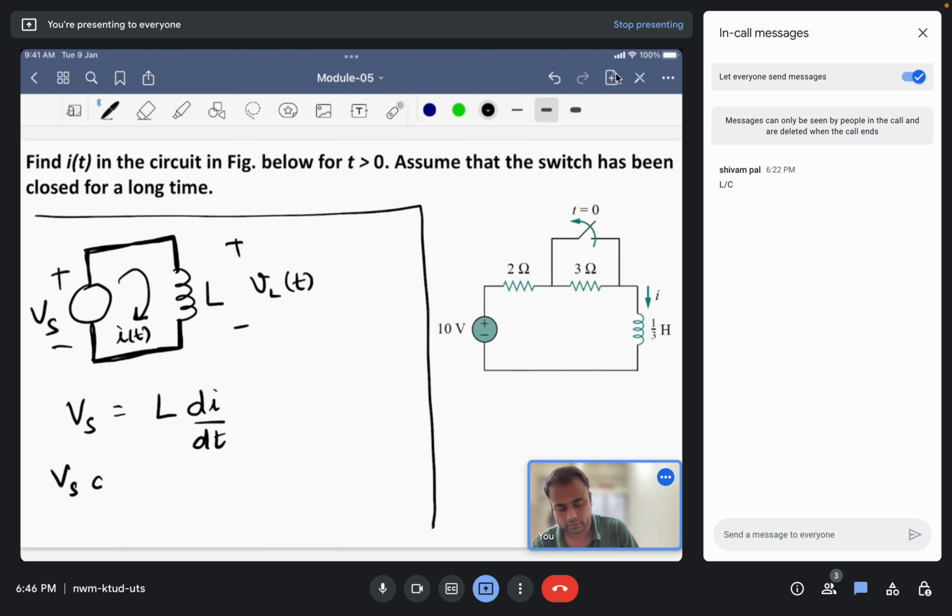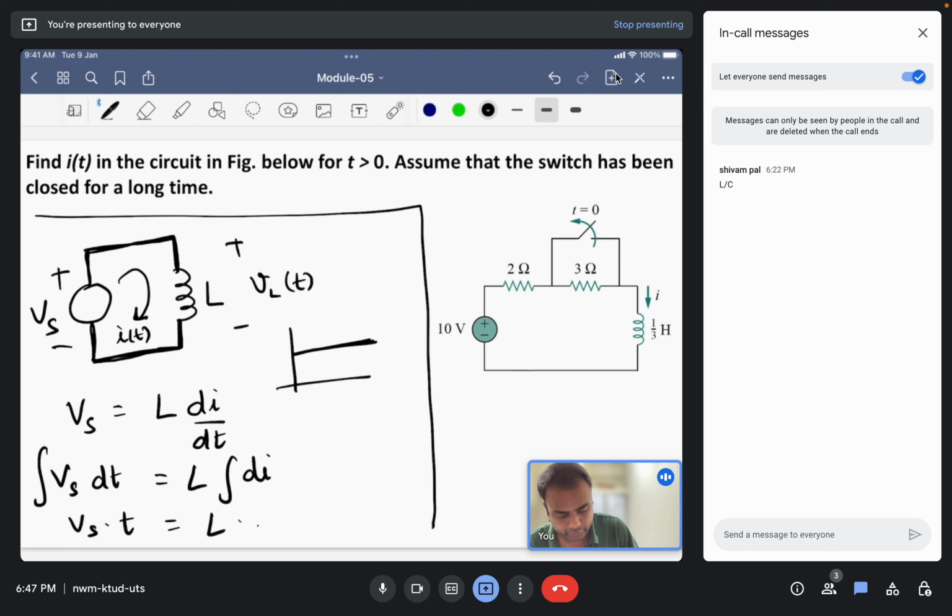Integral of Vs dt is equal to L integral di. Since we have a DC source applied here, the integral of a constant will be Vs times time t, equal to L into current I(t).